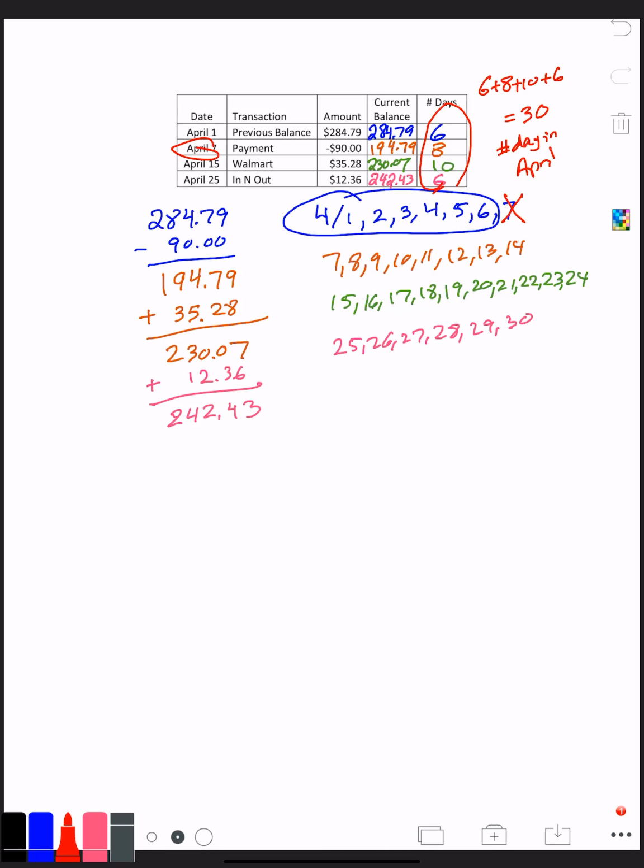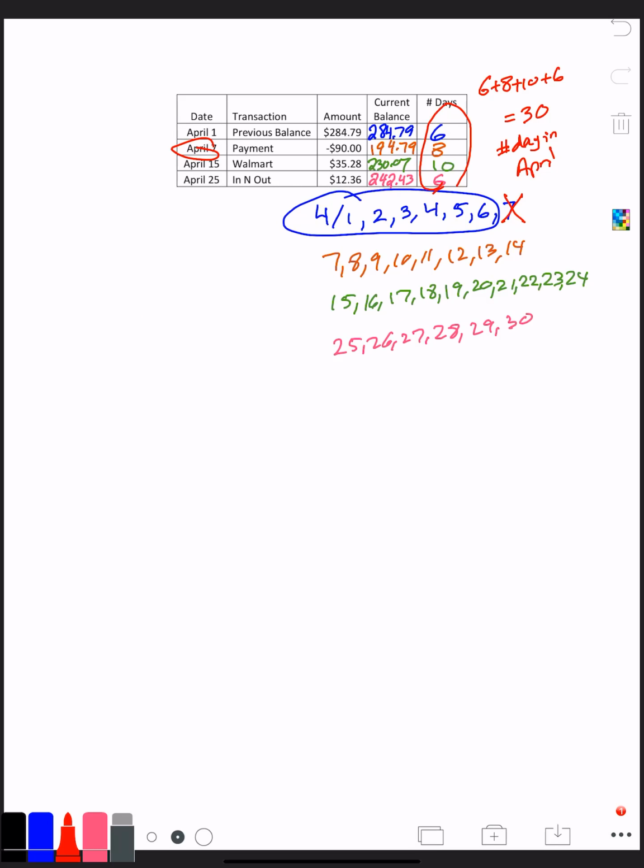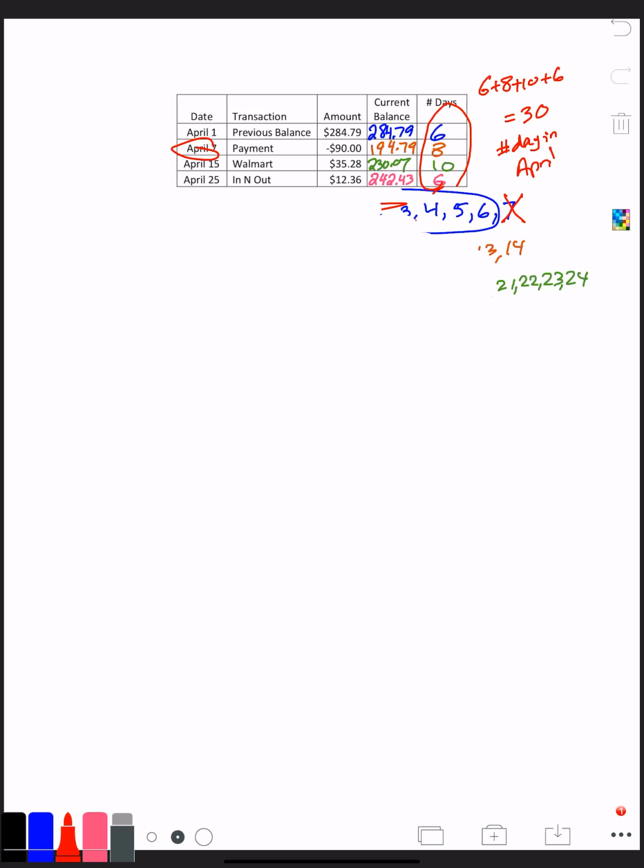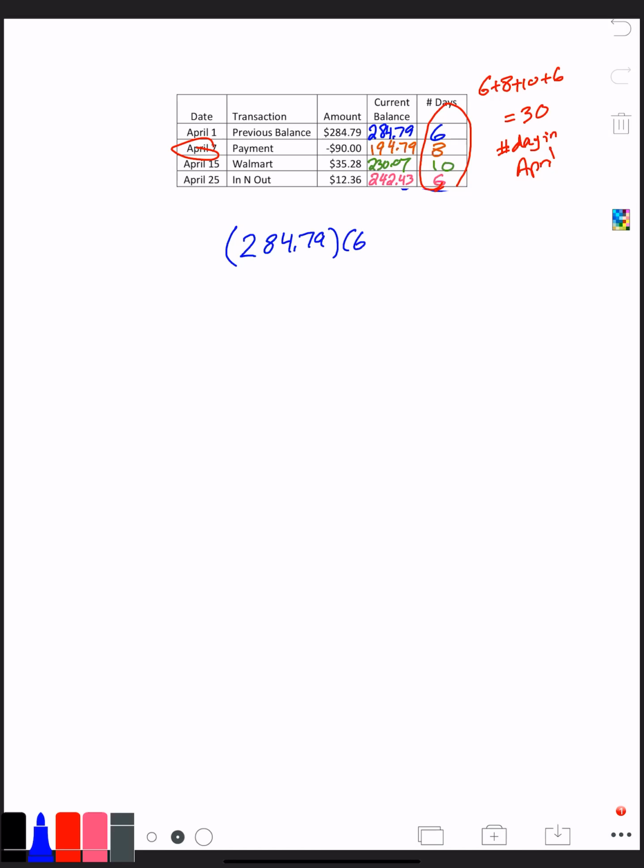Okay, now once you've got this table, you have a bunch more work to do. That was just the beginning. So I'm going to go ahead and get rid of all these temporary calculations here. Okay. So here's what you're going to do. You're going to start by saying, okay, my first balance was $284.79. You multiply that by how many days there are.